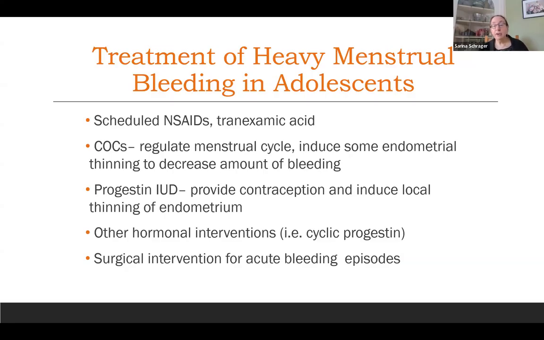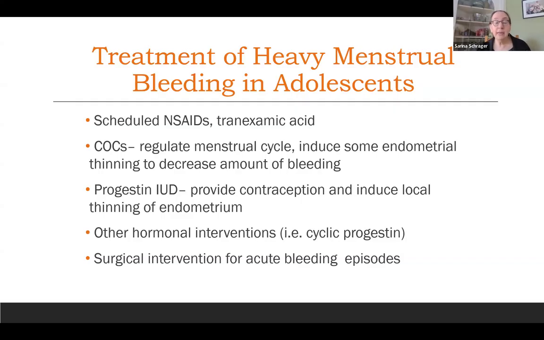Tranexamic acid is another way to really decrease the amount of bleeding. Combined oral contraceptive pills both regulate your menstrual cycle and induce some endometrial thinning to actually decrease the amount of bleeding. The patients I've had in the past who have had von Willebrand's disease end up starting on combined oral contraceptive pills early on and then continuing on pills until they desire pregnancy.